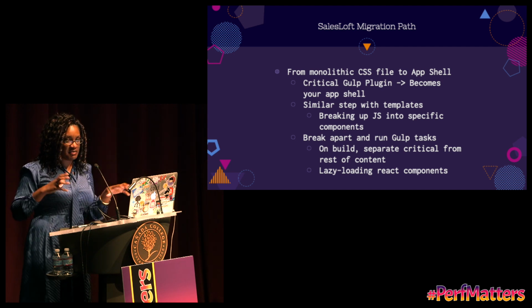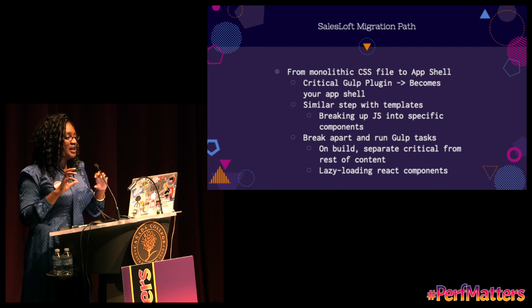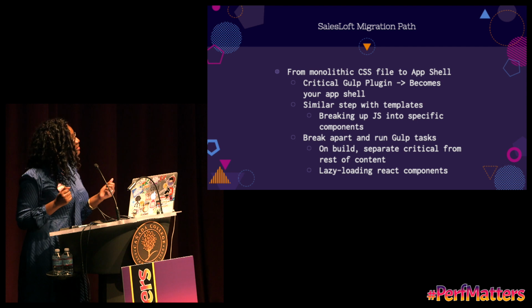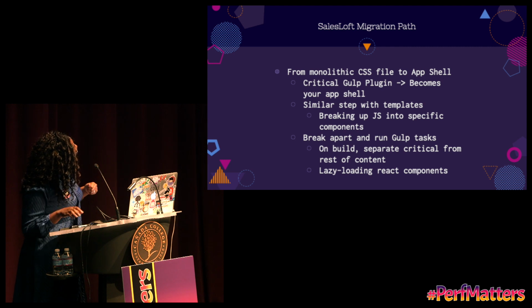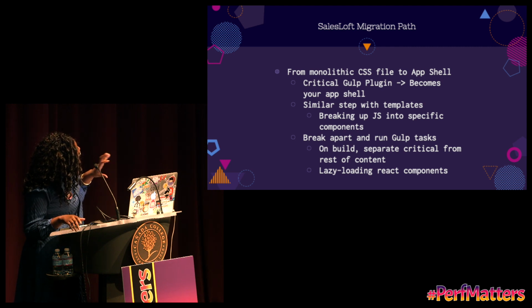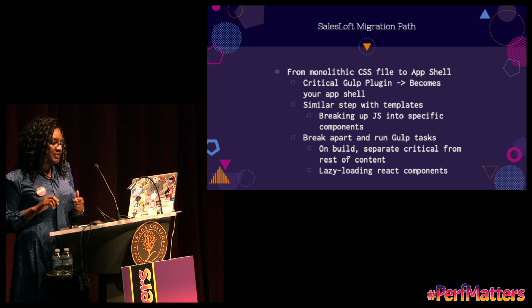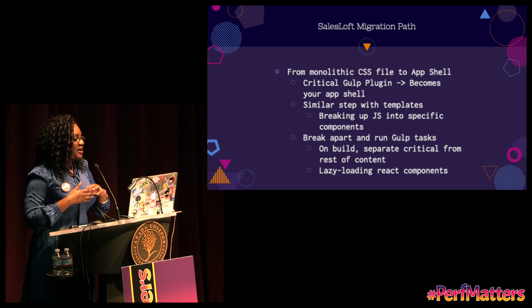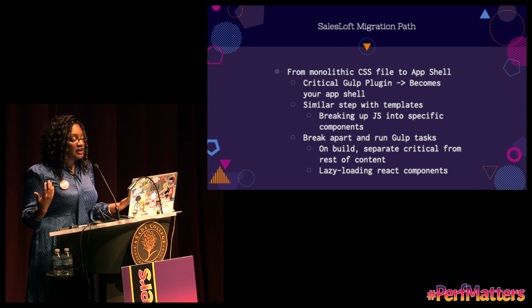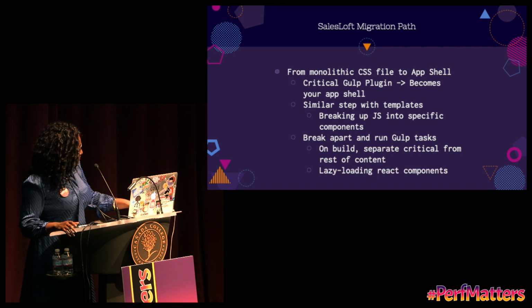A lot of the theme of this refactor was breaking things up, getting things into modules or components as small as possible. We broke that apart and ran our gulp task. On build, we would separate the critical from the rest of the content, and then lazy load any of our React components. We actually started another initiative because of this and created our component library. This is what's being lazy loaded there.